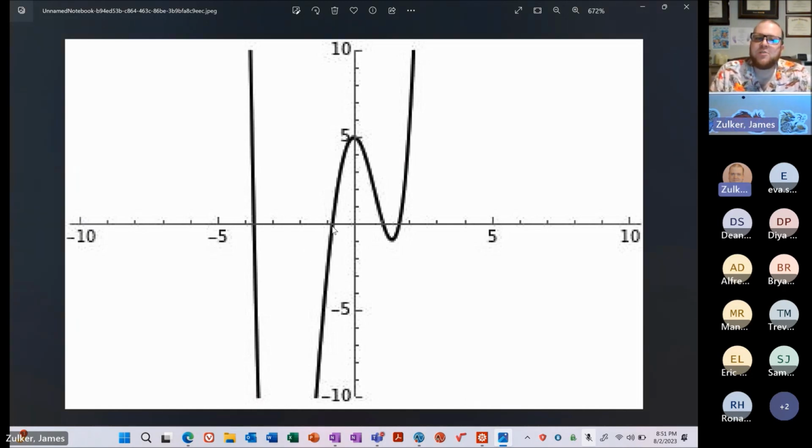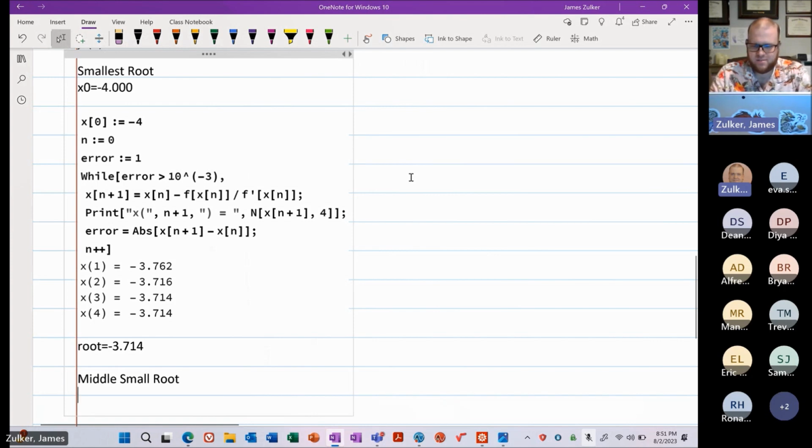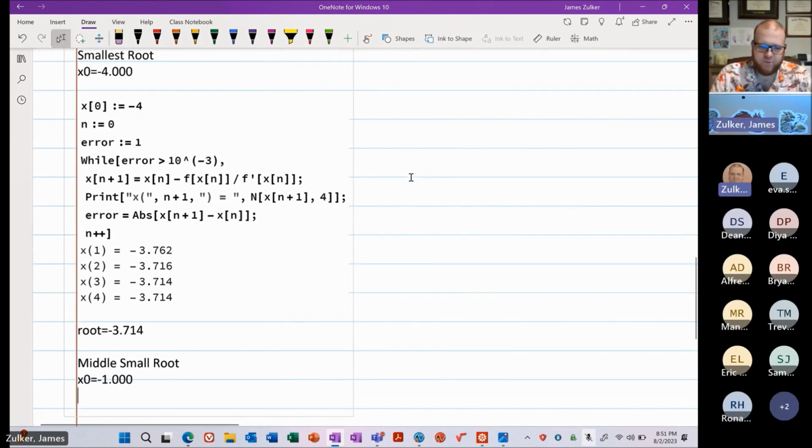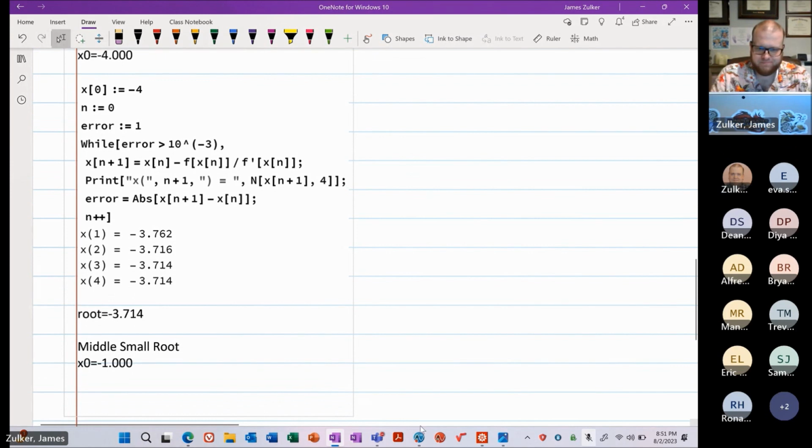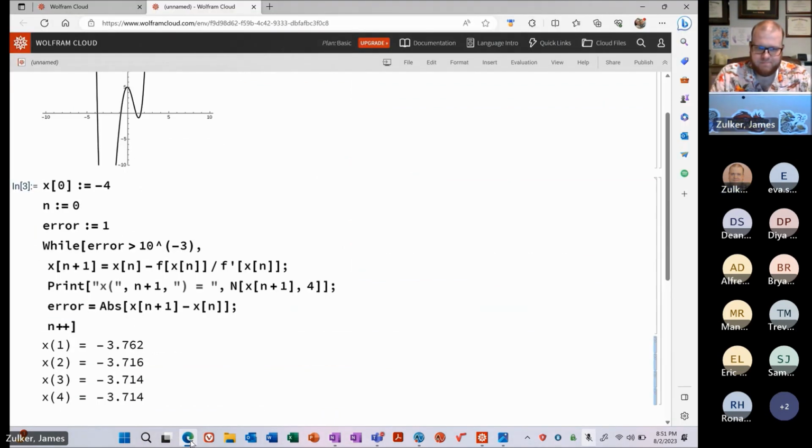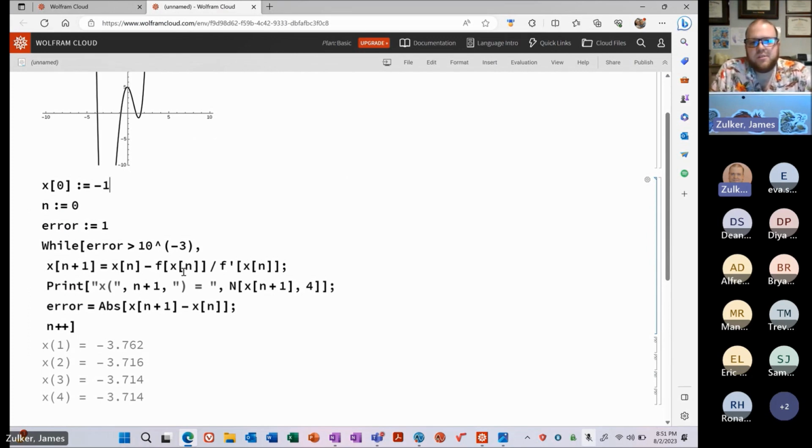Looks like -1 would be a good guess. I probably don't even need to write that out, but whatever, I will. All I have to do now is change that to -1 and then re-execute this.